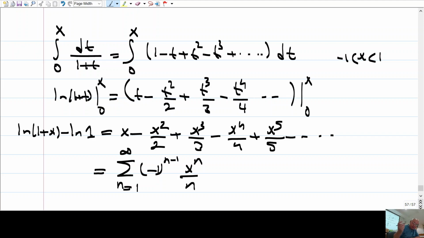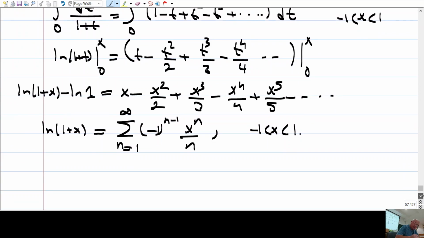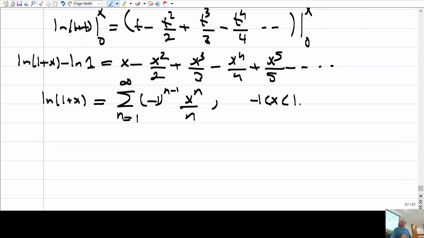But ln 1 is just 0, and this is ln 1 plus x. And this is again true if x is between 1 and minus 1. Okay? So we used all the theorems we stated so far, except Abel's theorem.